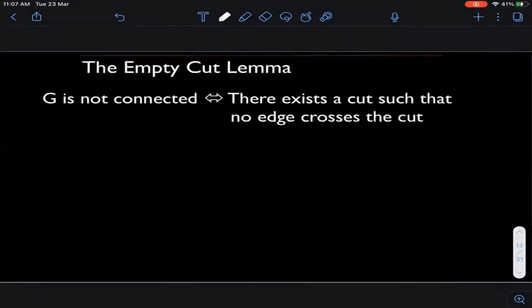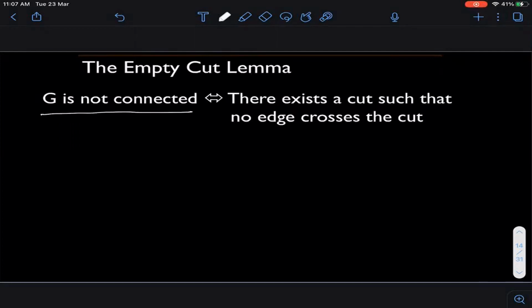Now the first thing that we want to prove is the following fact, that a graph G is not connected if and only if there exists a cut such that no edge crosses the cut. Let's assimilate this property a bit.